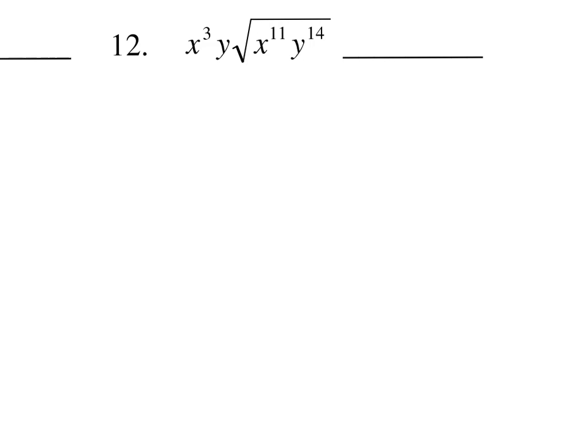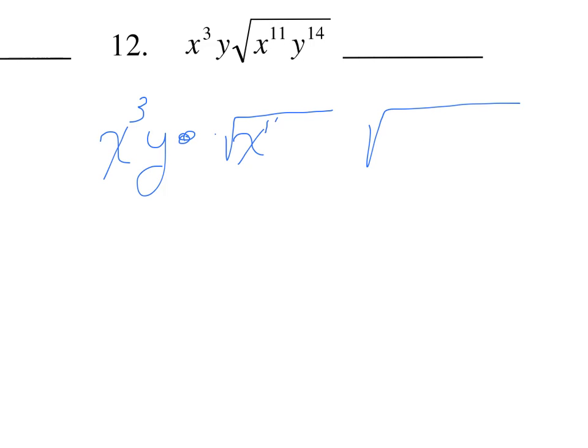On number 12, we have x cubed and a y on the outside. They're going to get multiplied times whatever comes out of these perfects. With an x to the 11, since this is an odd number, we'll break it down. We'll have x to the 10 and one extra. Y to the 14 is an even exponent, so this is already perfect. We don't need to break it up.